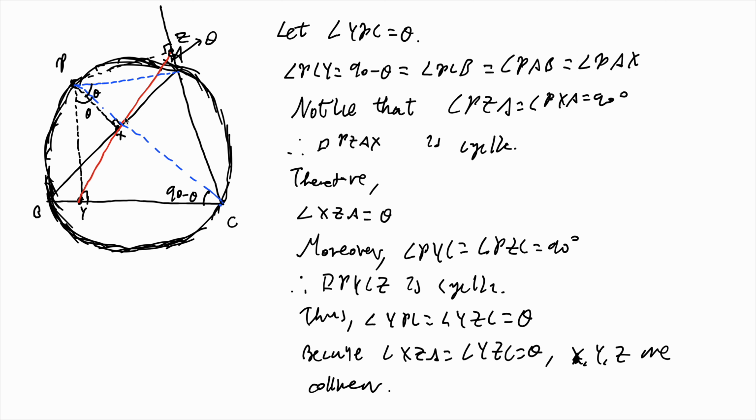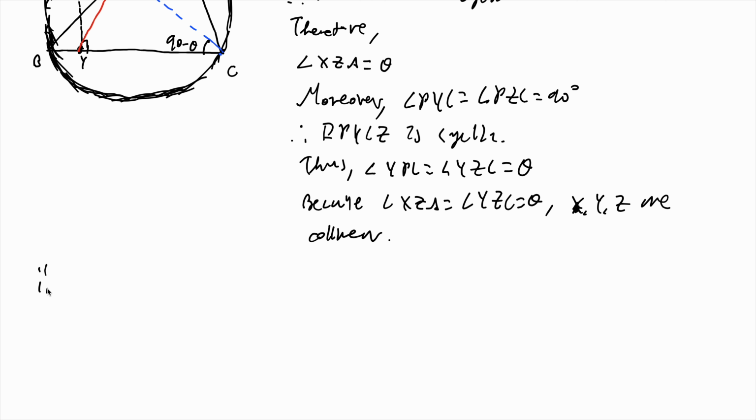For angle XZA to equal YZC, which is also equal to YZA, they must be collinear, or else the angle will be different. That's the only chance.